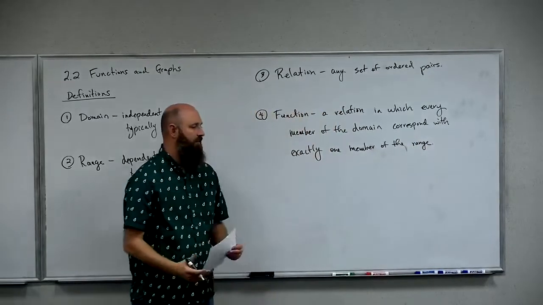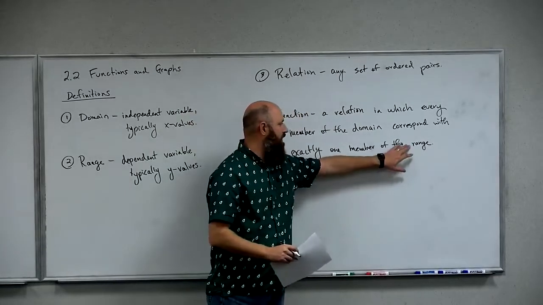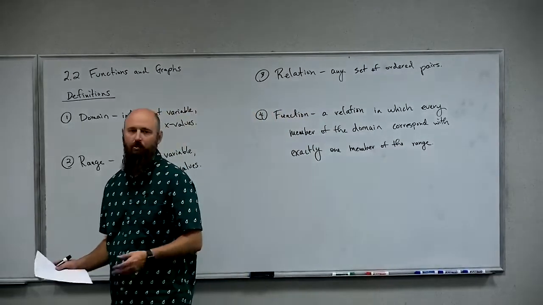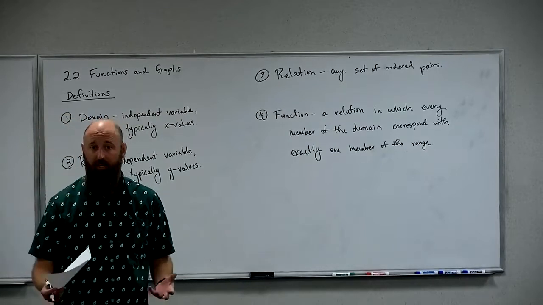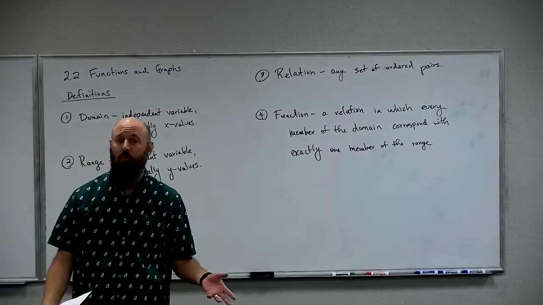Okay. So that means we have every x value being used, and every x value goes to some y value, but it can only go to one. It can't go to two different ones.